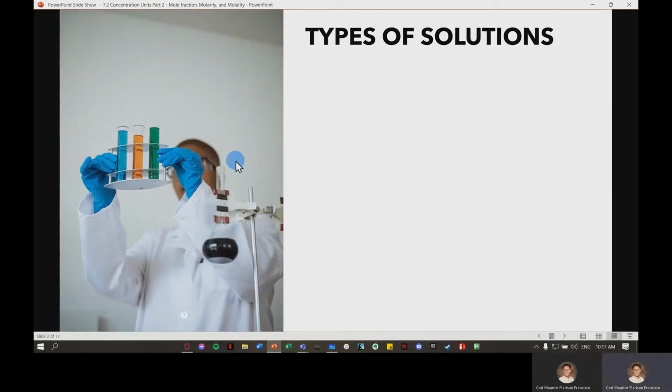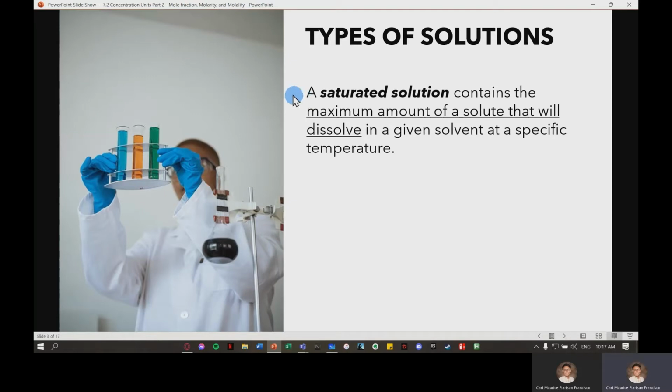Let me start by providing definitions and descriptions of the three types of solutions based on the amount of solute. Saturated solution. A saturated solution contains the maximum amount of a solute that will dissolve in a given solvent at a specific temperature.